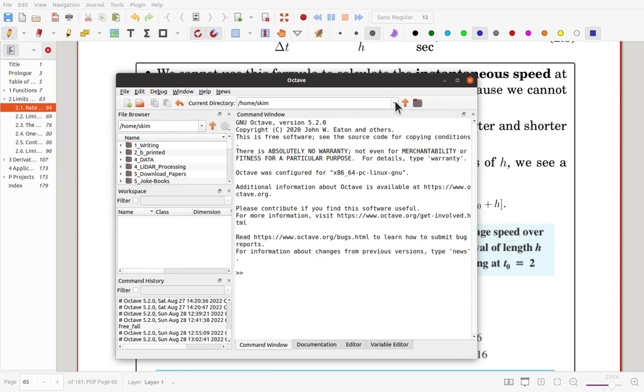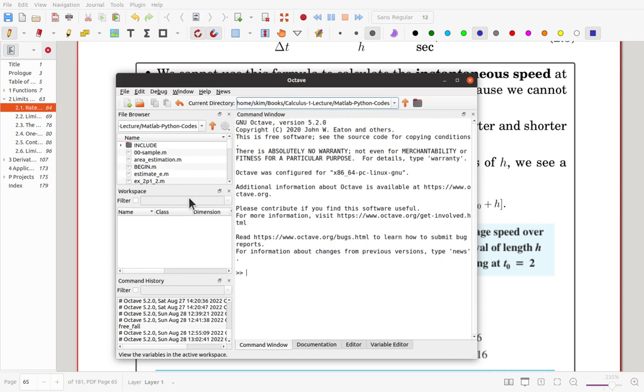Here that can be gotten by using implementation. Here we have the Octave window, and Octave is a free alternative to MATLAB. So you can implement one code and run it on MATLAB and Octave. They are not exactly 100% the same, but at the beginning level, we can say they are the same.